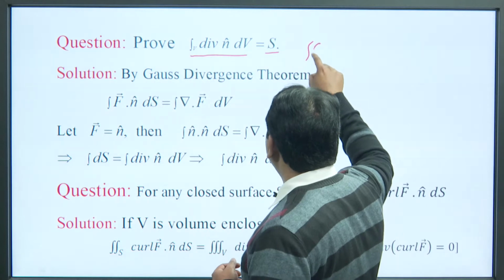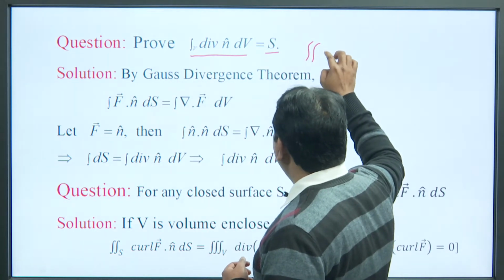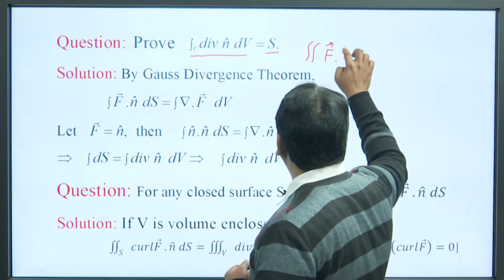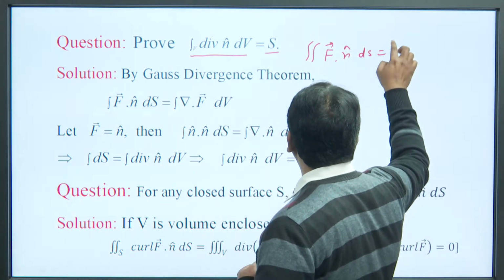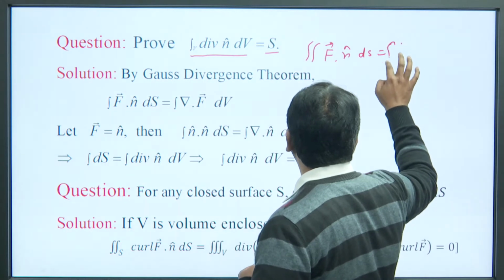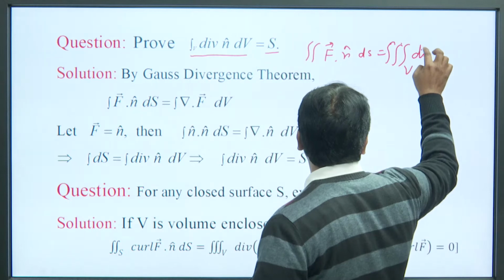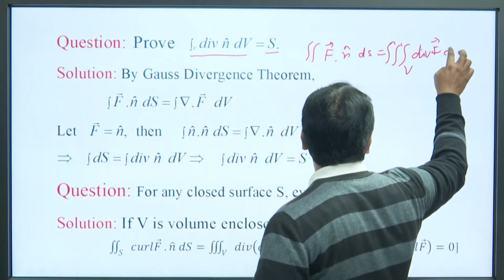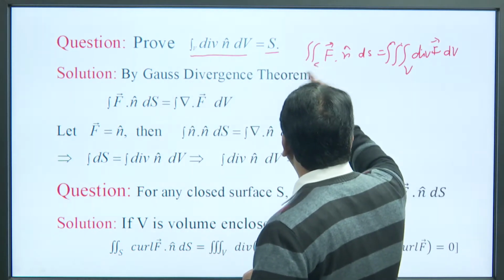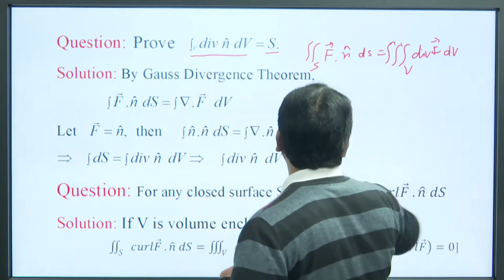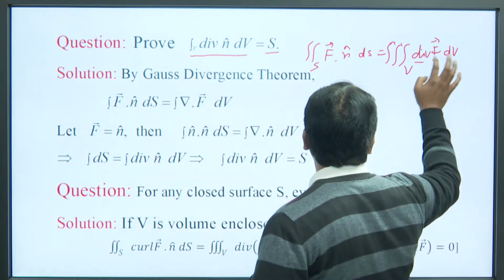Divergence theorem is double integral f dot n dS over S is equal to triple integral over V of divergence of f dV. So, here we want to find the divergence of n.